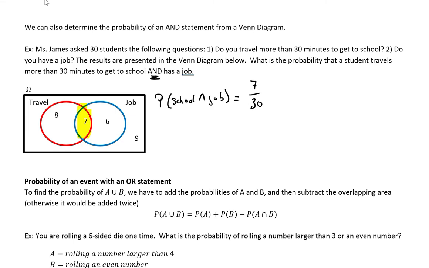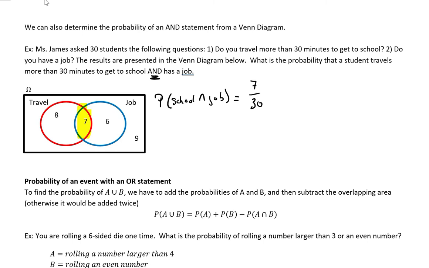Okay, so we can either look at a Venn diagram if we have one available, or we can multiply the probabilities if we can't make a Venn diagram. And it's the difference between theoretical and experimental. This is experimental. We actually asked a question. The above was theoretical. So that's if we have ands.